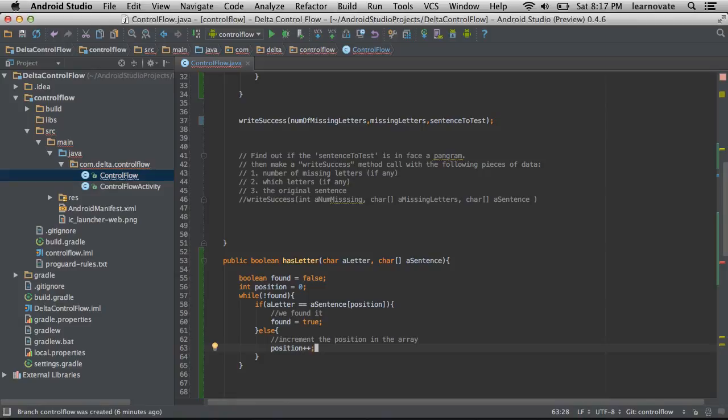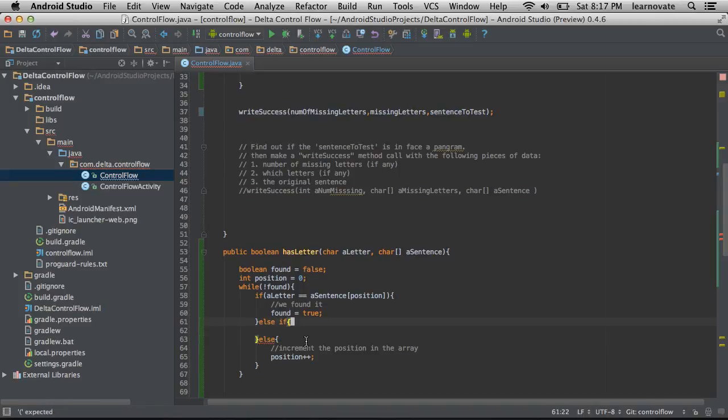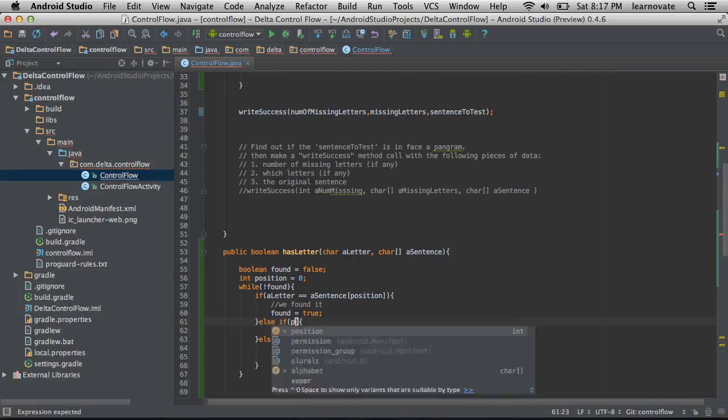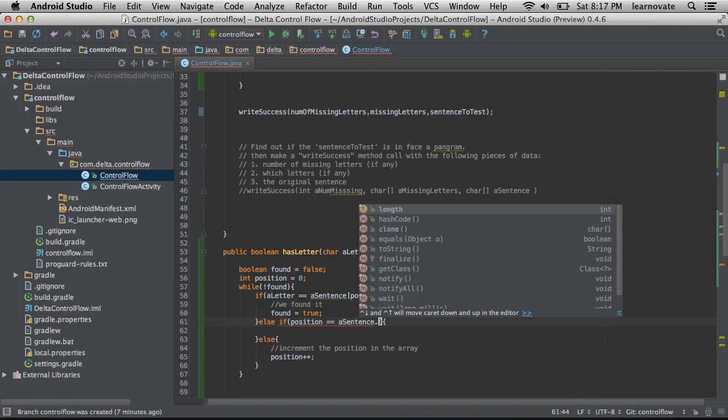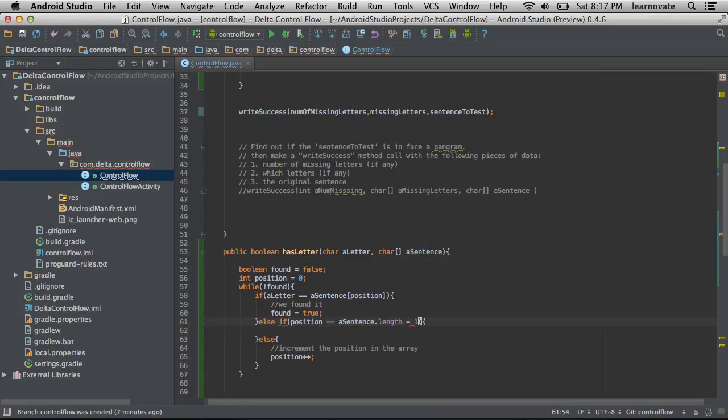Right. One thing that I always notice is the else is not indented like the rest of the statements are. I just wondered if there's any reason for that, or does it make it more readable? And what do you mean by indent? Well, if the if statement is indented within the while statement, and then there's the else, and it's not. So if, else if, and else are still part of the same control flow structure. So that's why you don't indent them.